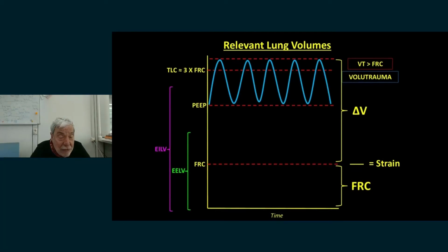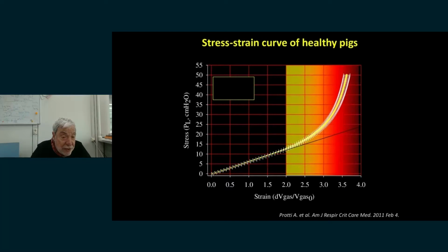The tidal volume in spontaneous breathing we do not measure. And when the strain is about 1.5, that means the tidal volume plus the volume of PEEP is 1.5 times the FRC volume, we have great damage to the lung.